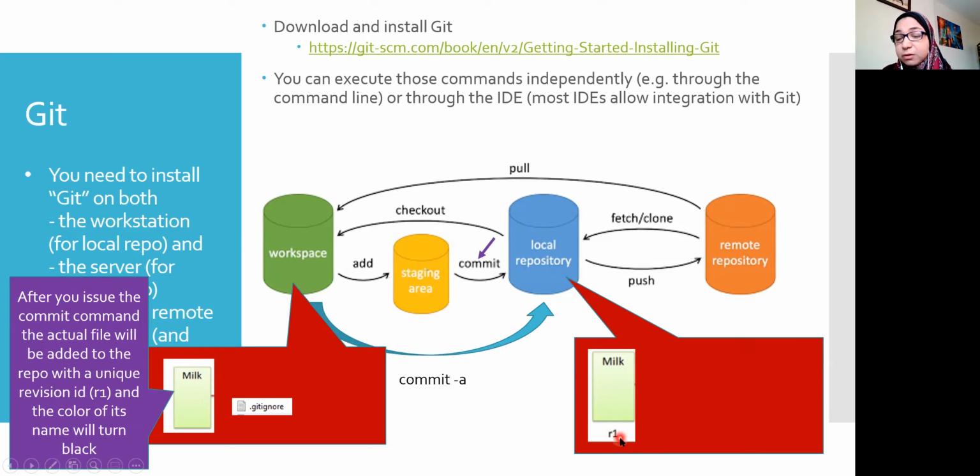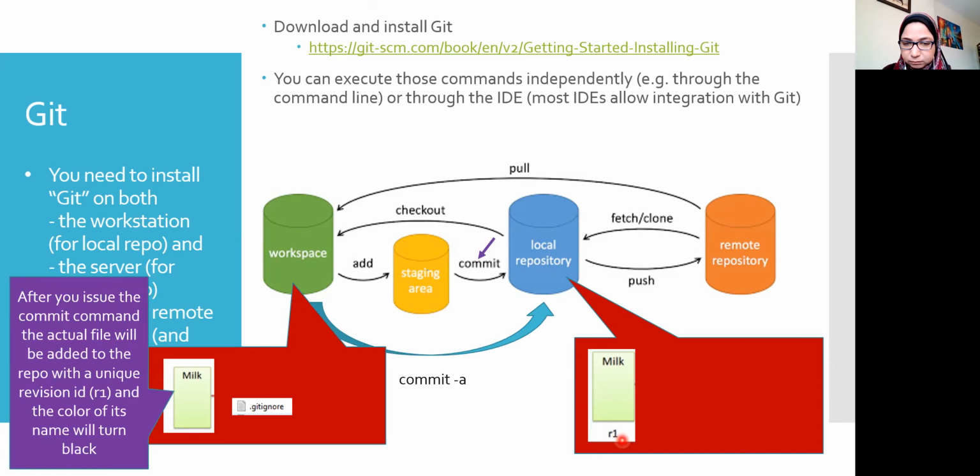Here for simplicity we call it R1, but the actual revision ID is a longer, unique set of characters.